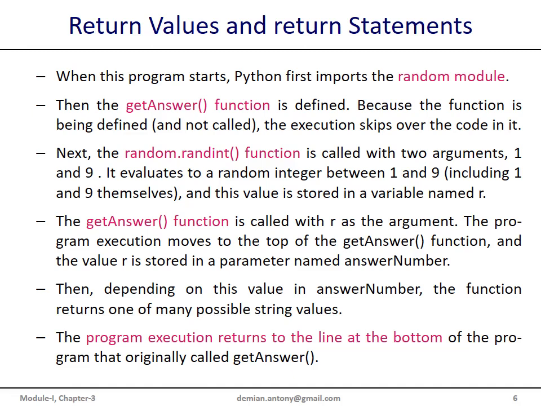And we defined the getAnswer function which takes one argument, which is of type integer, and the function evaluates to a value which is of type string, and this return value is assigned to a variable in the main program by having a function call with the function name and the parameter, that is the random number generated with the randint function.